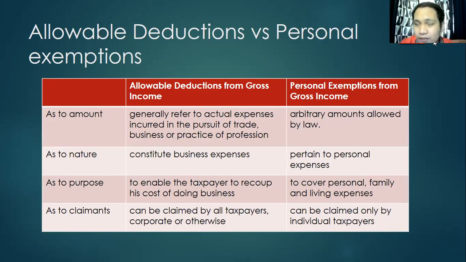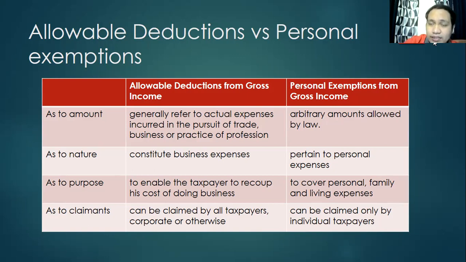Okay? For example, di ba, ang employees purely earning compensation income from working, di ba? They are working from employer-employee relationships. If your salary is like 10,000 a month, then walang masyadong bonus, then you are already exempt from tax. Okay? As to nature, it constitutes business expense ang allowable deductions, mga business expense to.